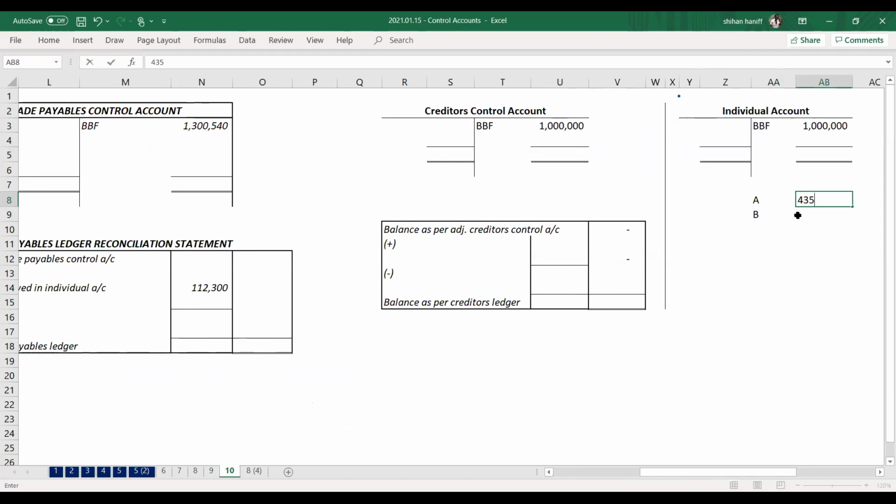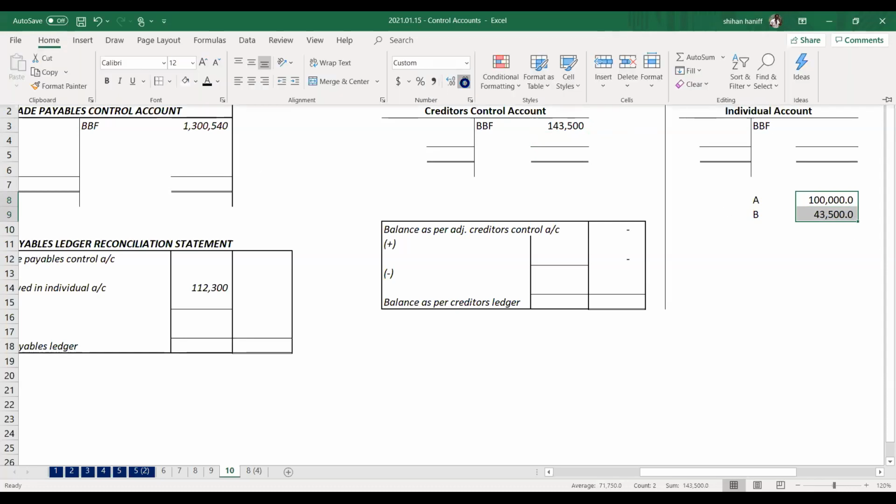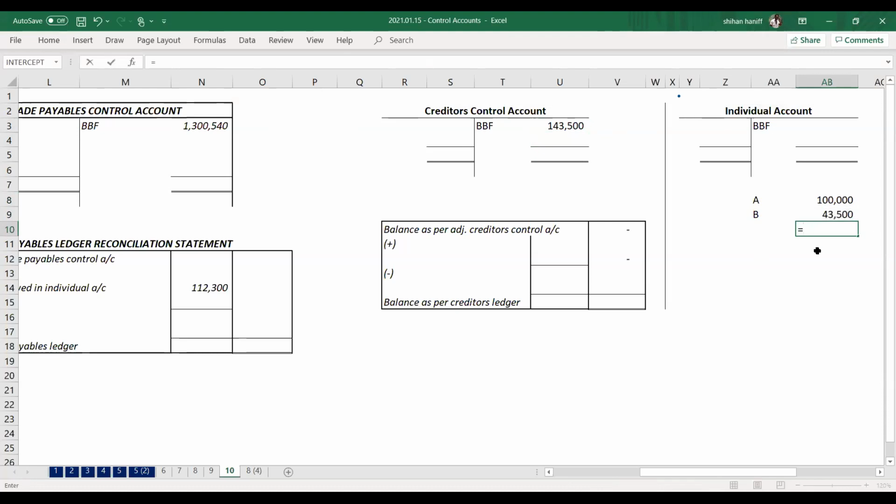Assume total 100,000. Okay, 143,500. So how does 143,500 come? 100,000 and 43,500. That's how 143,500 comes. Sum.